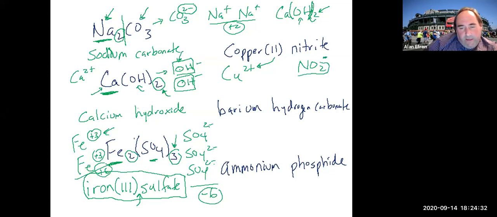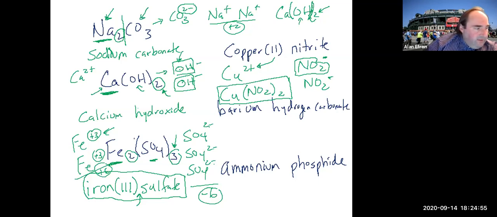So again, that 1 nitrogen, 2 oxygens all stays together. When we put this together, we want no charge. So what that tells us is we do need 2 of these guys to balance it out. So that means the formula should be Cu(NO2)2, with the 2 on the bottom. Again, we have 2 of those NO2 minuses, so we do need the 2 on the bottom there to balance it out.